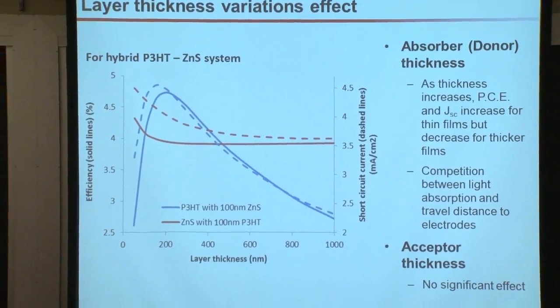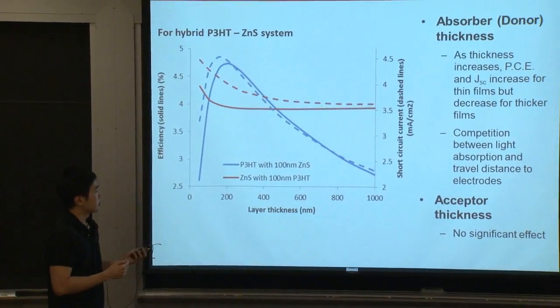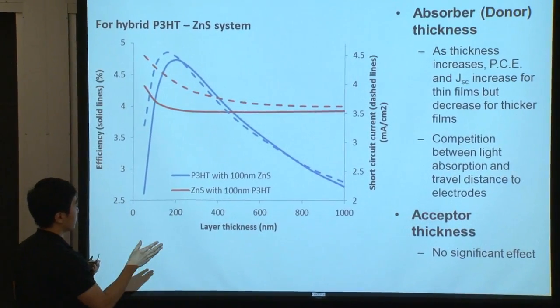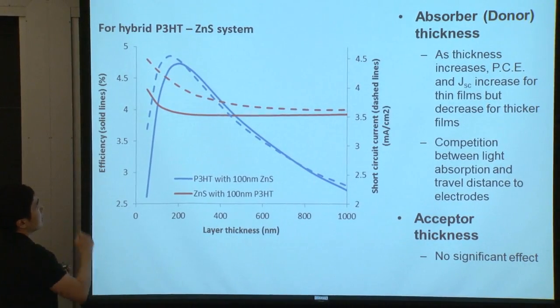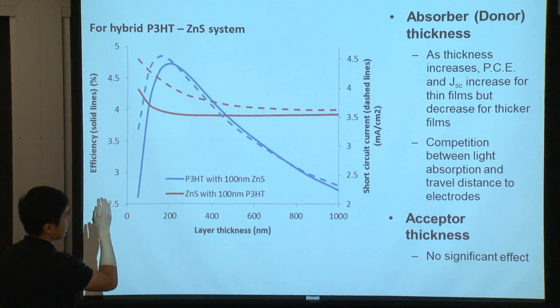Also here, only a representative figure is shown. If we increase the thickness from 0 to 1,000 for the donor material, the efficiency and the short circuit current are initially going up, and after a certain point, the efficiency and JSC are slowly going down.